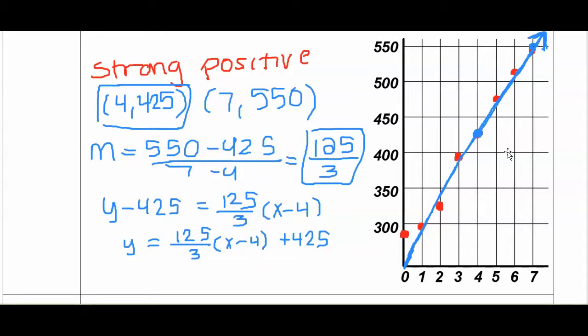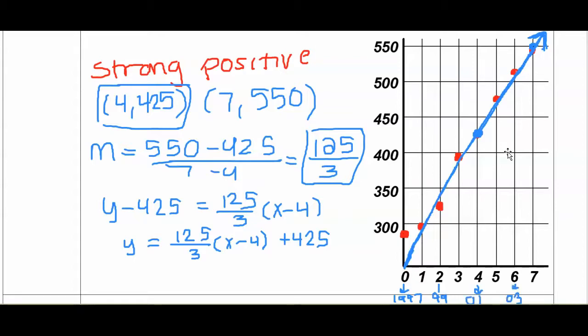And then in the last part, it asks you to predict 2010. Well, the data given are years from 1997. So year 0 is 1997, which means year 2 is 1999, and year 4 is 2001.